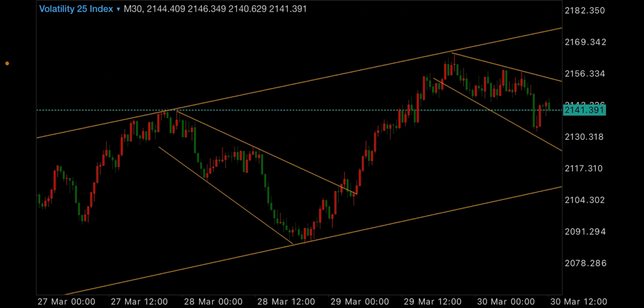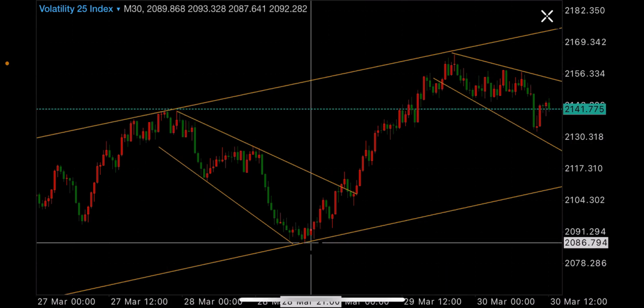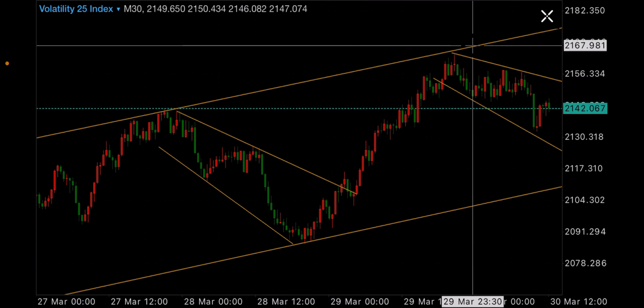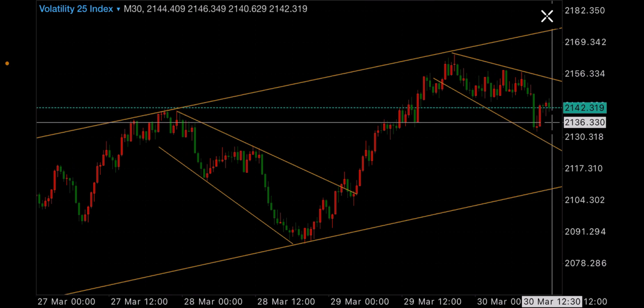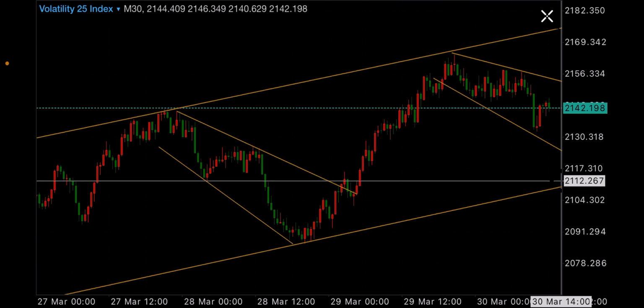This simple correction to the downside, it will be the same on this one. So here, what are we expecting? We are expecting price to come down up to this point. So I hope this point will be our entry, around 21.12.267. So this will be our entry point.